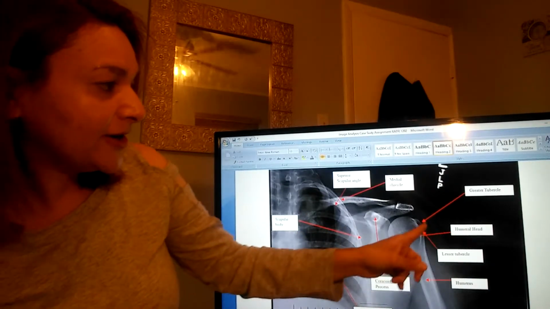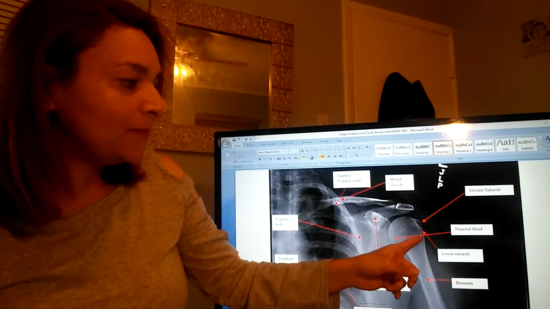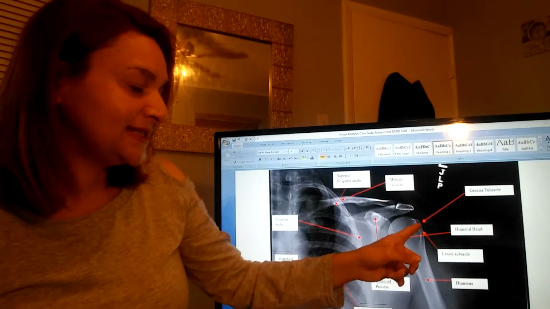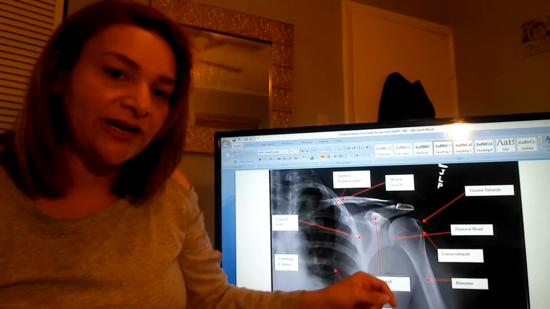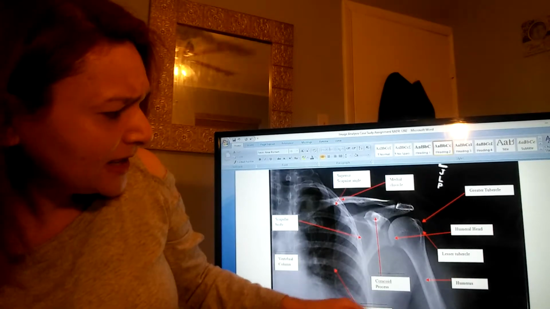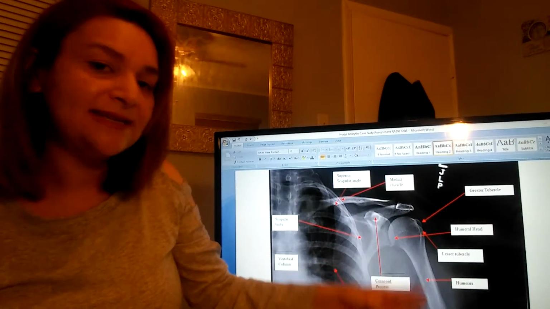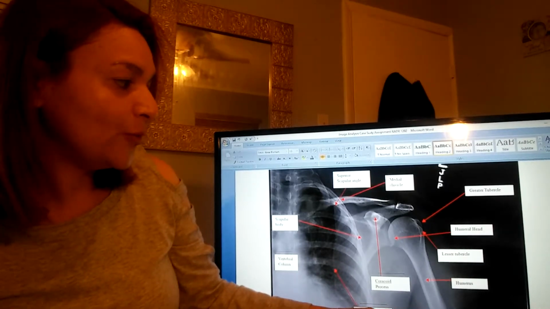Another error here is my greater tubercle. Yes, it is in profile, but my lesser tubercle is directly below it. This distance needs to be a lot greater than what it is, and it's very, very minimal here. What happened here is I did not palpate my epicondyles to ensure that they were parallel with the IR.